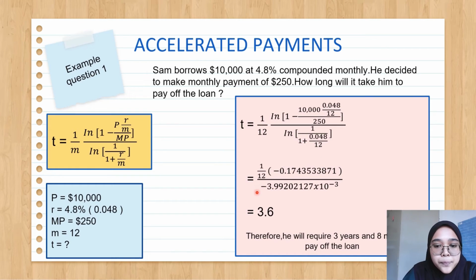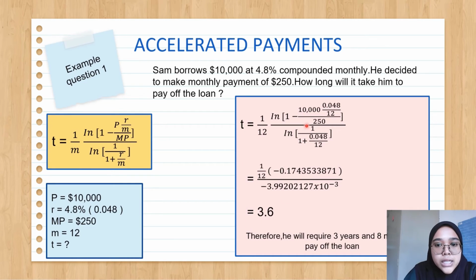And we get 1 over 12 multiplied by negative 0.17435333871 over negative 3.99202127 multiplied by 10 to the power of negative 3, and we get T is 3.6.